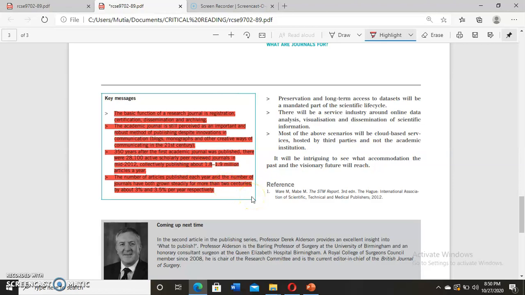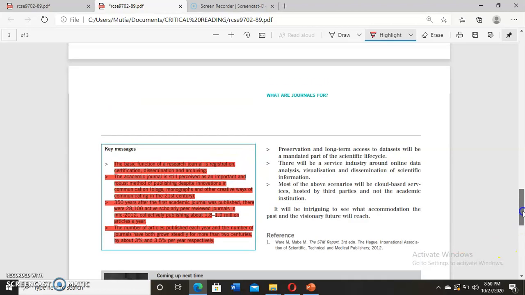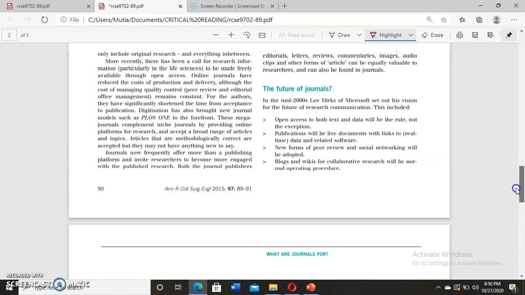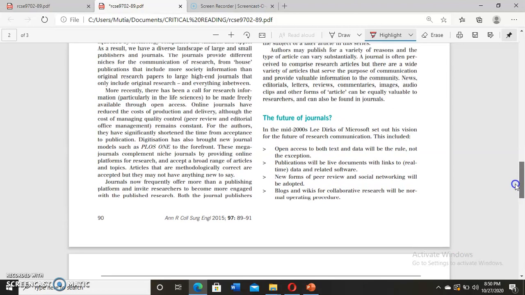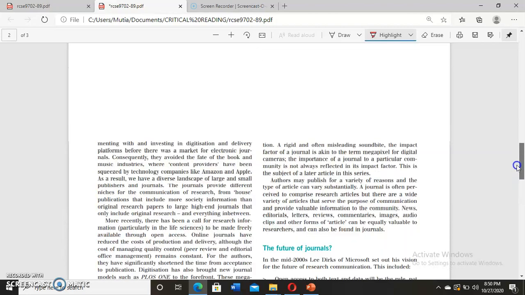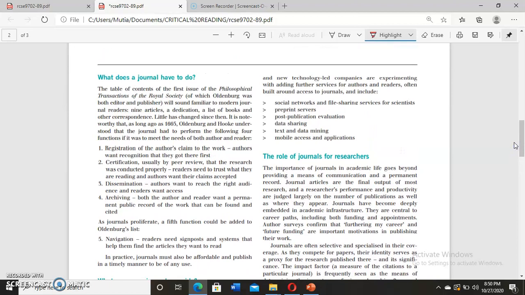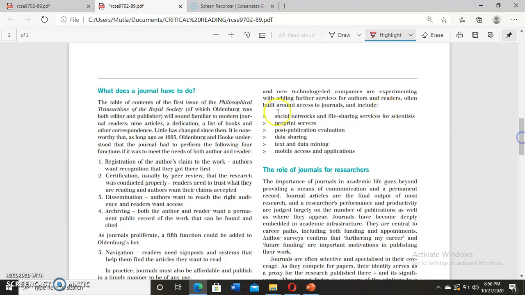For the next step, we can survey the key headings, because from the key headings we can know the important points of these articles. And these are the key headings. First, what does a journal have to do?